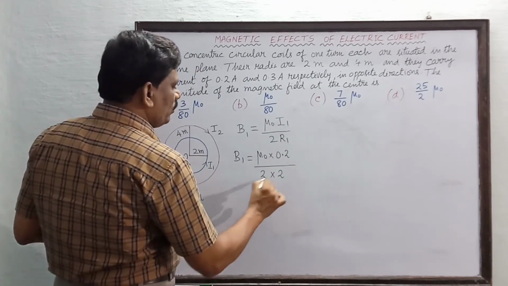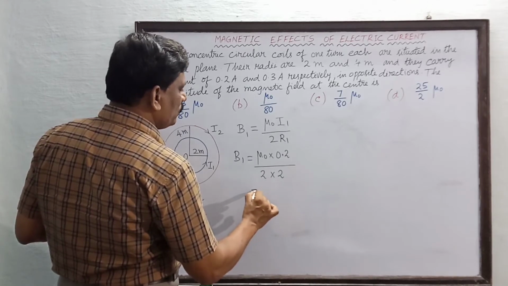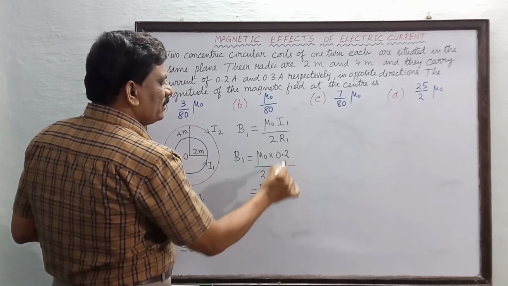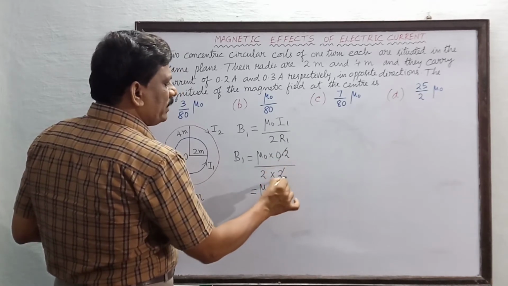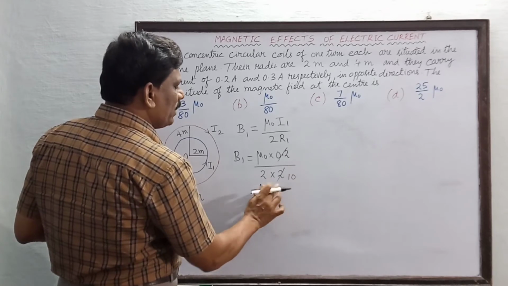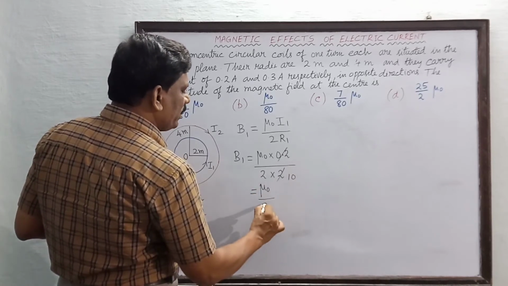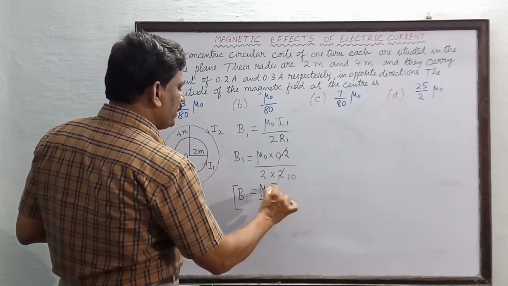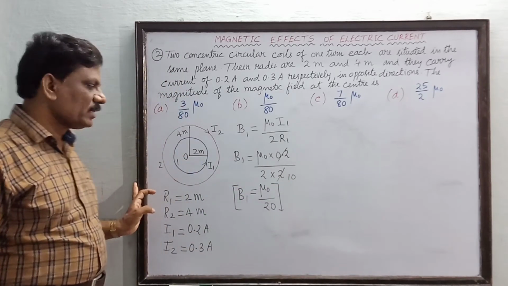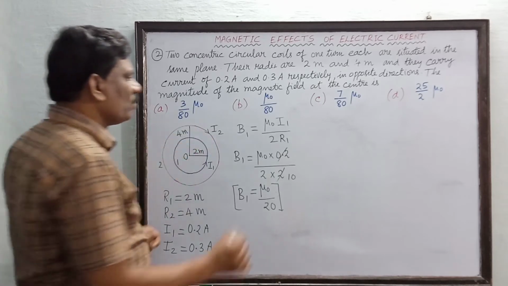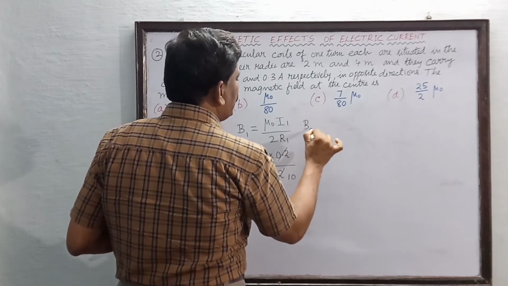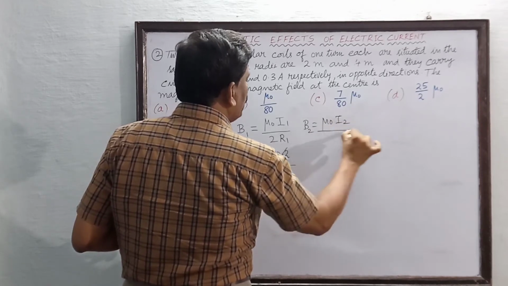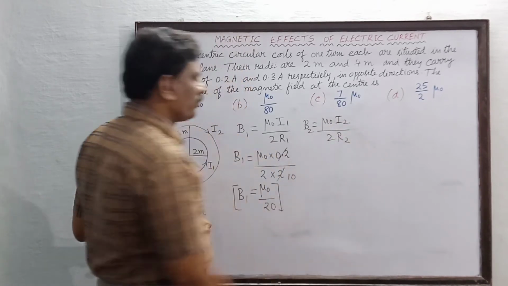Now I will multiply this 0.2 by 10, so this is mu naught divided by 2 into 10, which is 20. So B1 is equal to mu naught divided by 20. Similarly, B2 I will find out. B2 is equal to mu naught into I2 divided by 2R2.